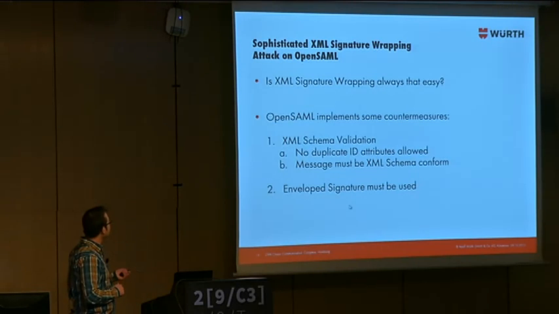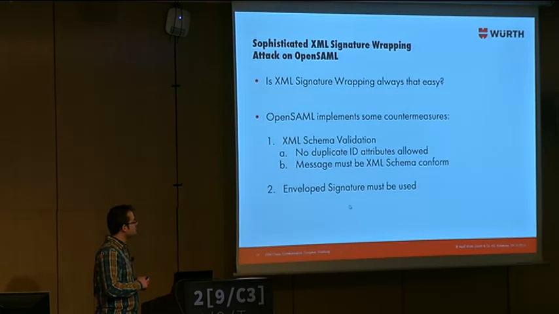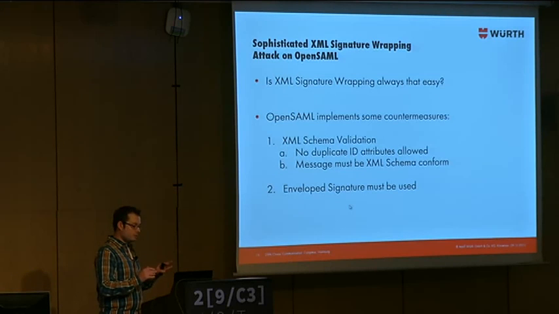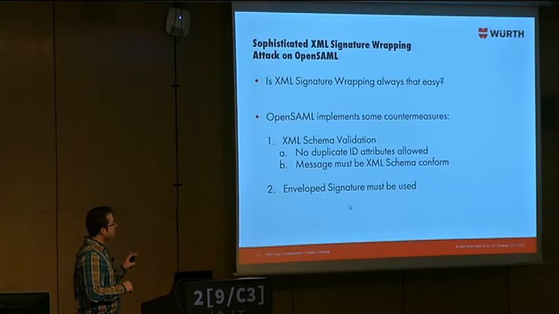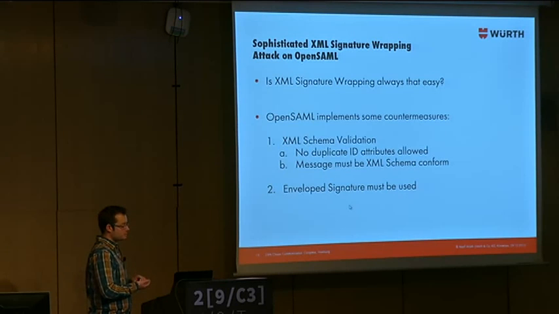First, XML signature validation, which means you cannot duplicate ID attributes in an XML document, and also the document must be XML schema conformant, which means that not any content is allowed in such a document, like the wrapper element which we included for our attacks. Also OpenSAML checks that the assertion is signed by an enveloped signature, which means the signature must be directly in the assertion element.